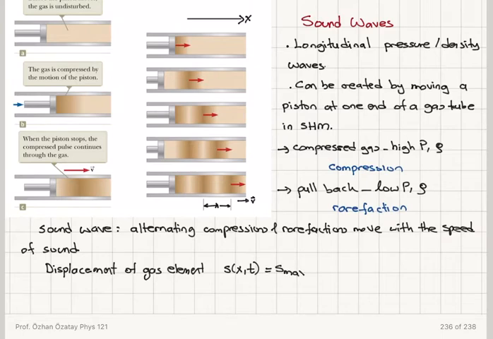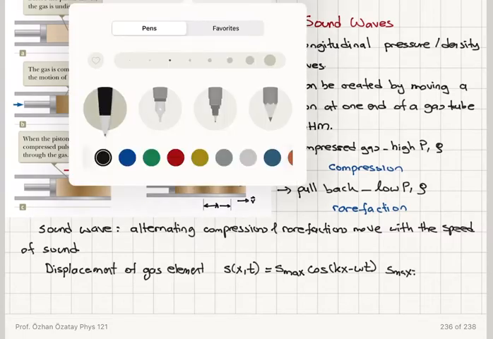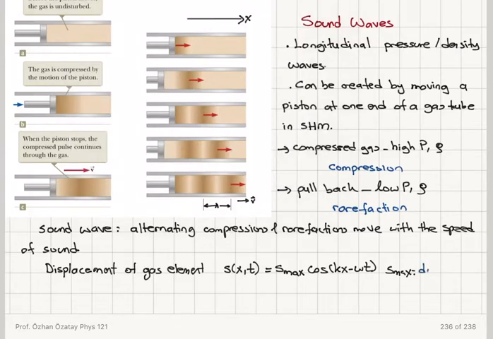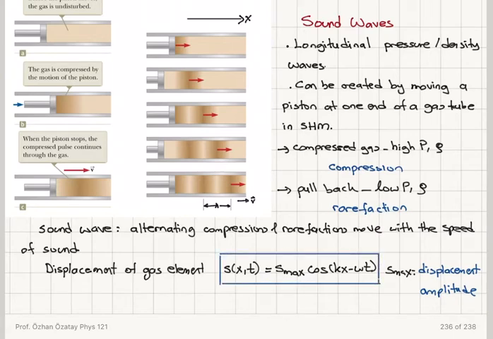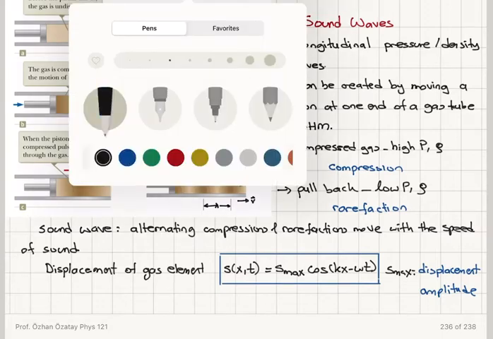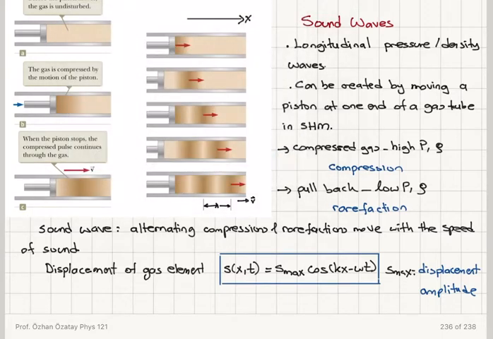We have a maximum displacement s max multiplied by cosine(kx minus omega t), where s max is my displacement amplitude. And so this is one way to describe the sound wave, by using the displacement of the gas elements.